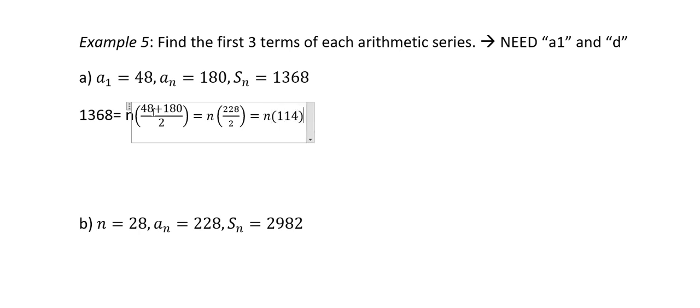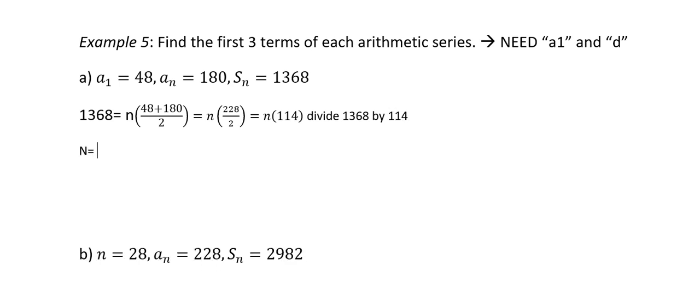So really what we have to do is divide 1368 by 114 to get n. When we do that, we get that n is 12. Now we have a sub 1, we have n, and we have that a sub n is 180.